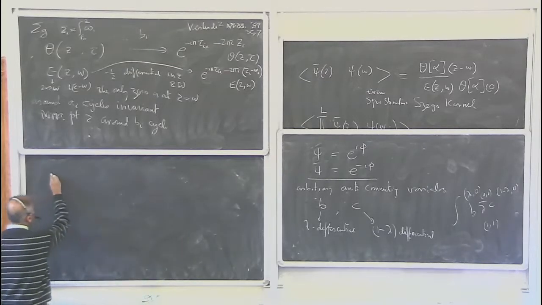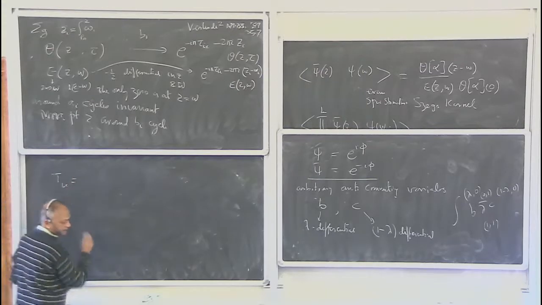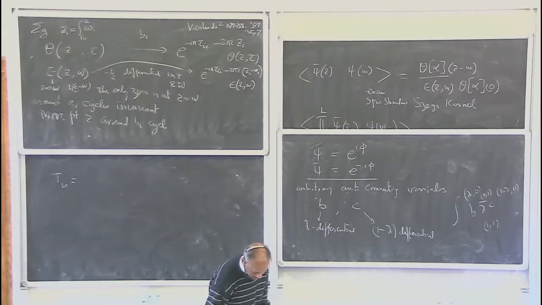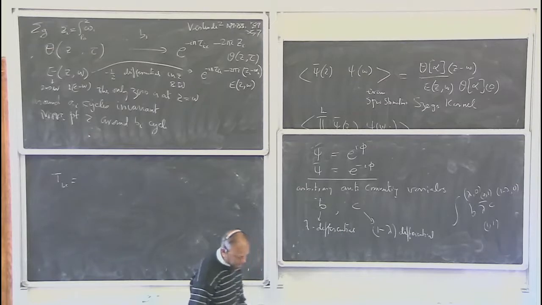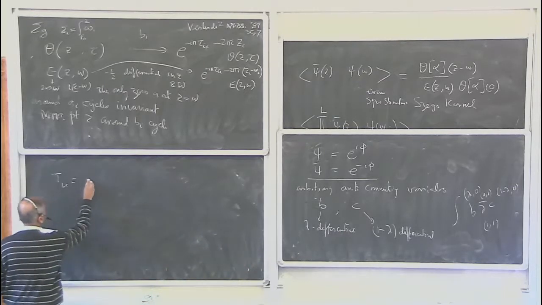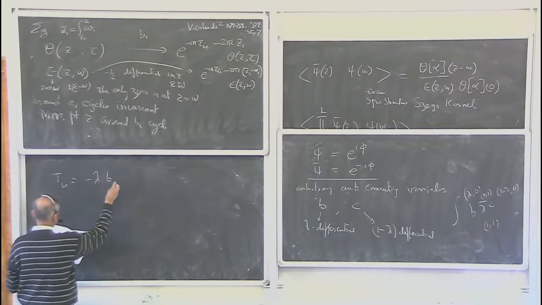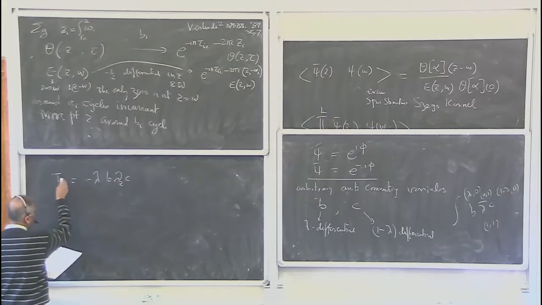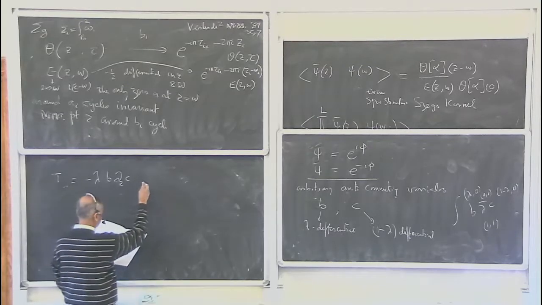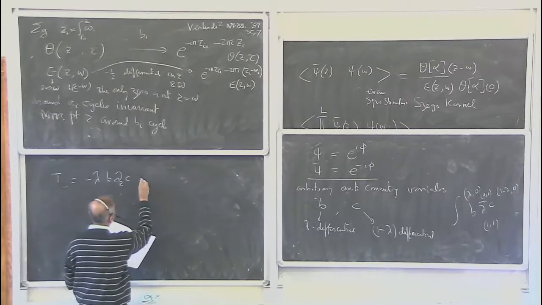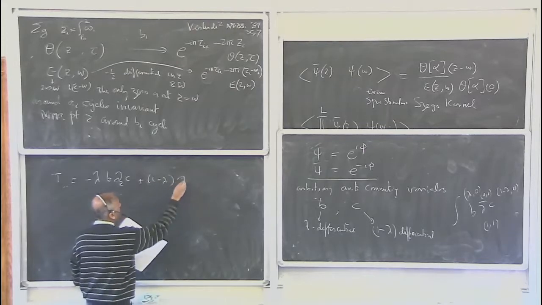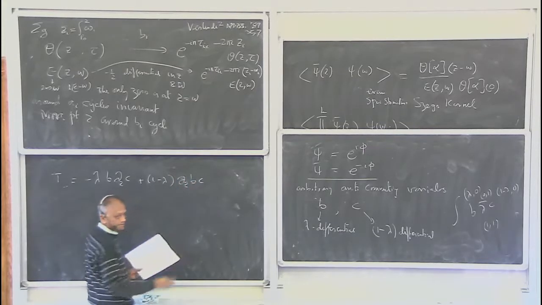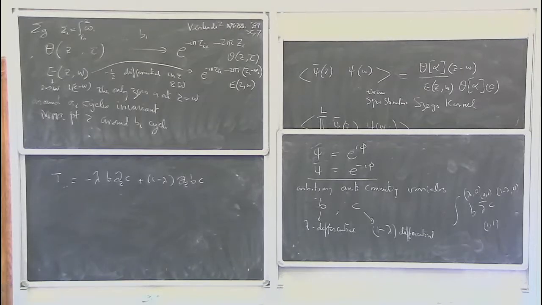The stress tensor T for the BC system, in the conventions that we are using, is minus lambda B dz C. So this is T zz, I mean the holomorphic part, plus 1 minus lambda dz B C. Okay, that is the stress tensor. And one can compute, of course, the central charge using this.